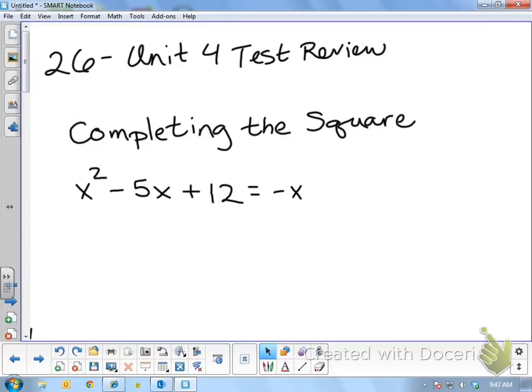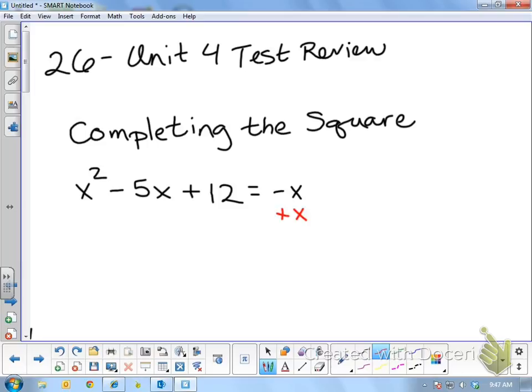Zach? Variables on one side, which means what's on the other side? Numbers. Okay, the constants. So I've got to move some stuff around for this particular problem. Right now, we do not have everything in its correct spot. Add x.